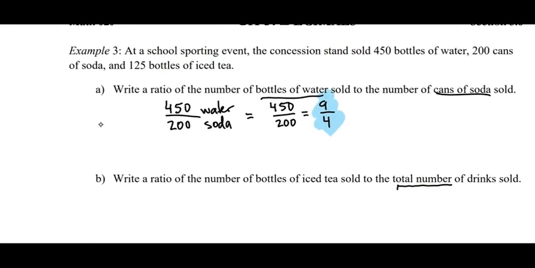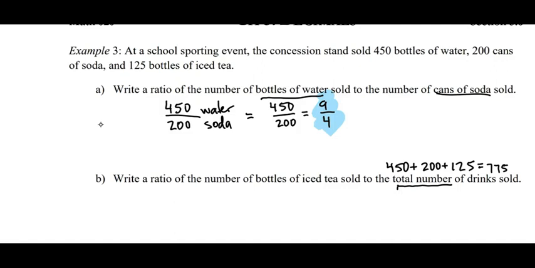So we have the 450 for water, we have 200 for soda, and we have 125 for iced tea. So we have 650, 775. All right, so 775 total drinks were sold.